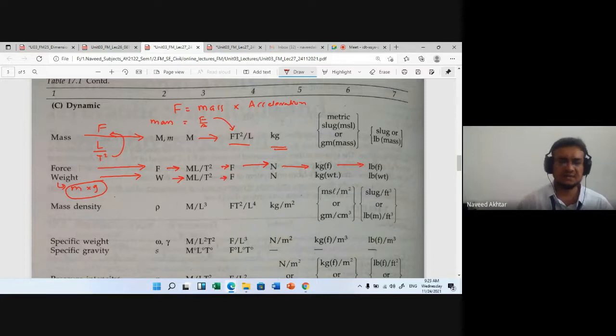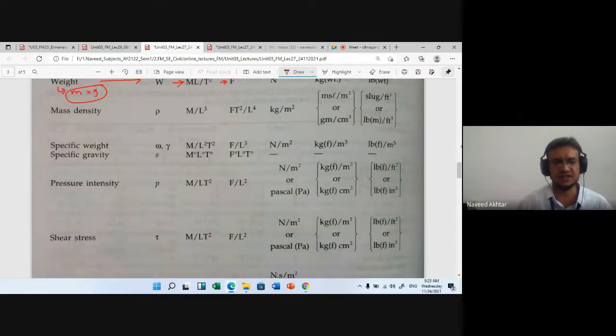Similarly, mass density rho is mass upon L cube, that is mass upon volume, denoted by rho.